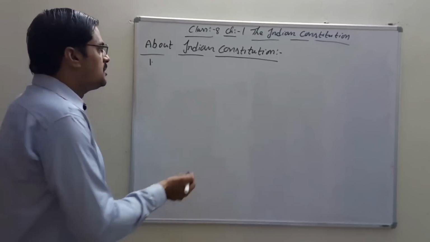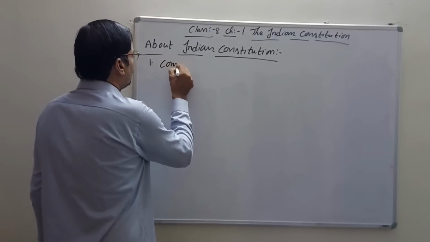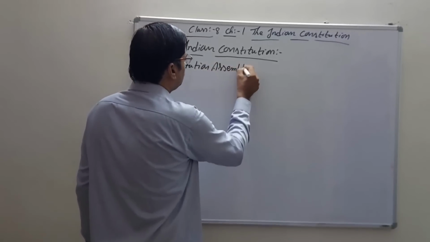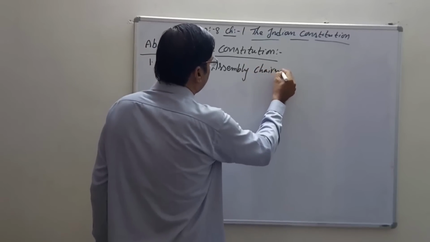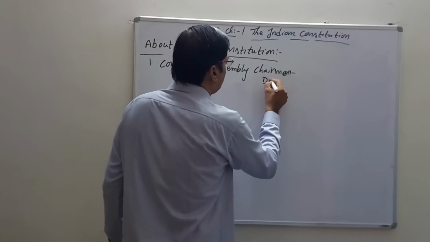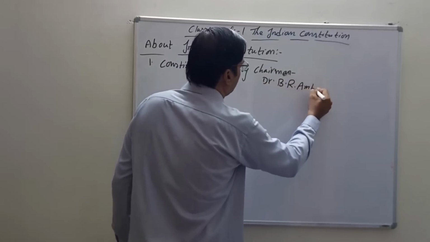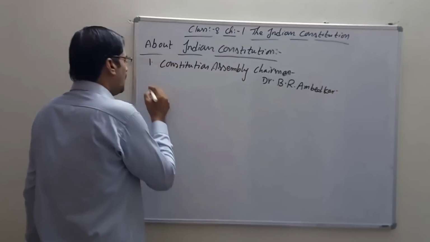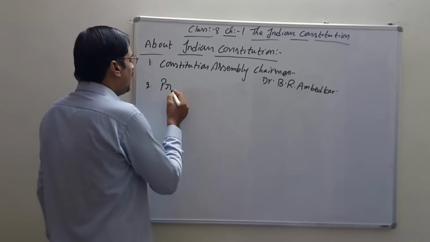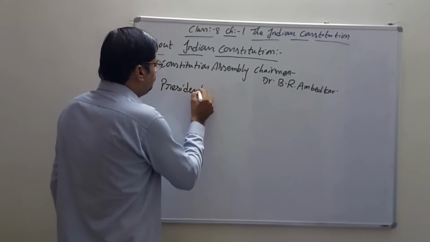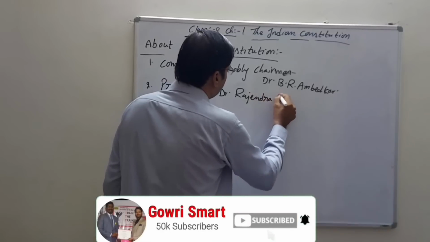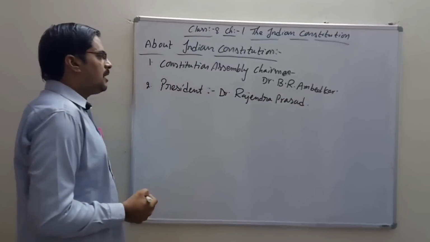The Constitution Assembly chairman was Dr. B.R. Ambedkar, and we also have the president of the Constitution Assembly, Dr. Rajendra Prasad. Dr. Rajendra Prasad is the president.